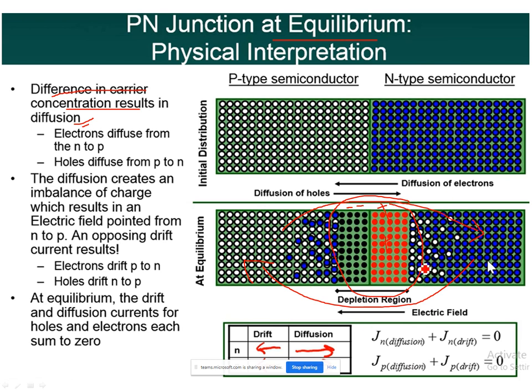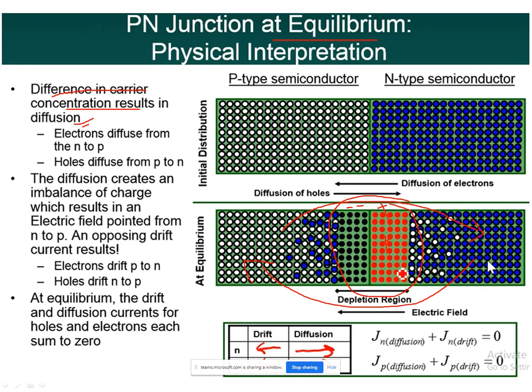This diffusion we know, right? So we have seen the diffusion currents: diffusion current due to holes, and diffusion current due to electrons.